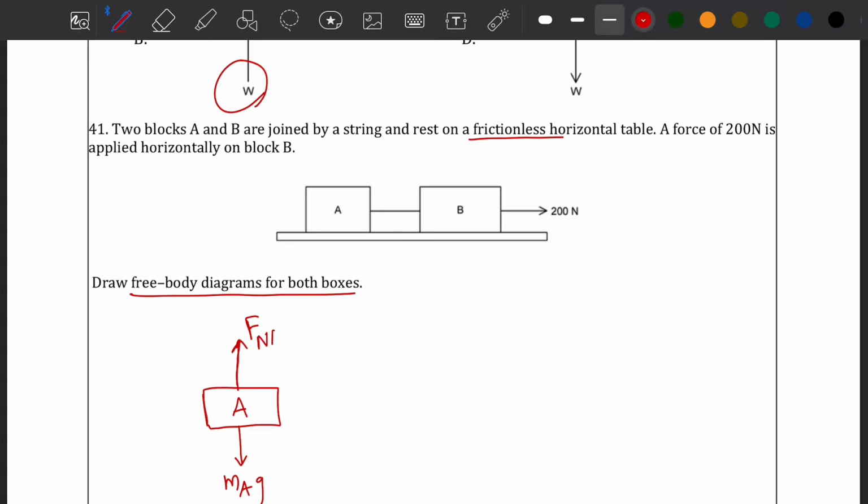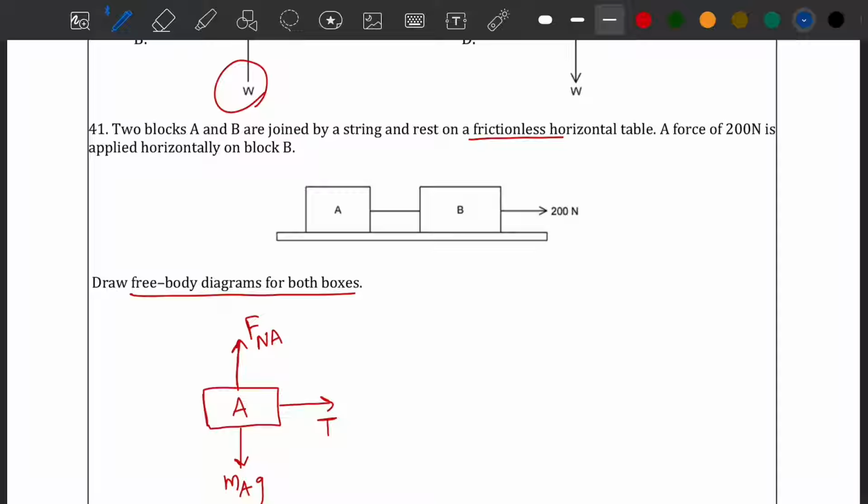I'm going to write it as Fna just to show that it's the normal force on object A. There will also be tension acting because it is connected to B with the help of a string. So that tension I'm going to draw as T. And just to make the arrows equal, I'm going to redraw this. Mg and Fna must be equal to each other.